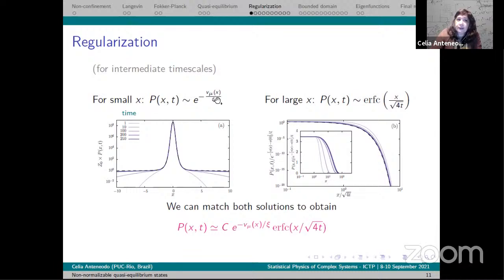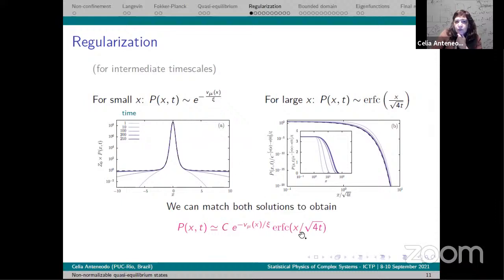For positions around the central part of the well, we have something proportional to this Boltzmann factor, and we can approximate the tails by a complementary error function, since here we have diffusion, but not starting from the delta, but from an almost uniform initial distribution.